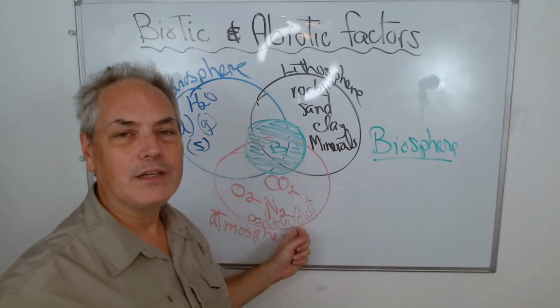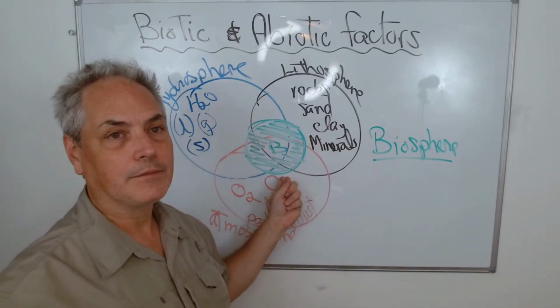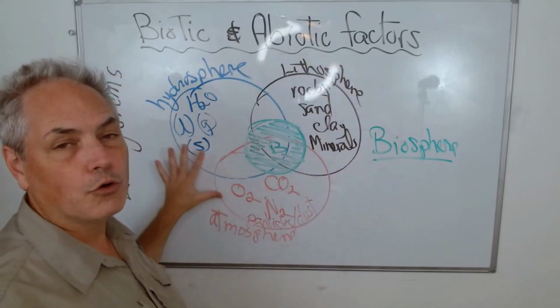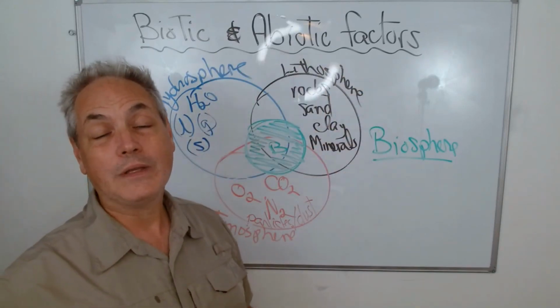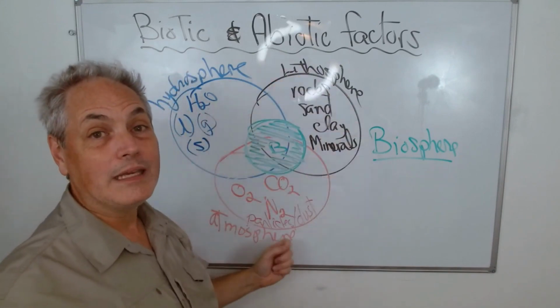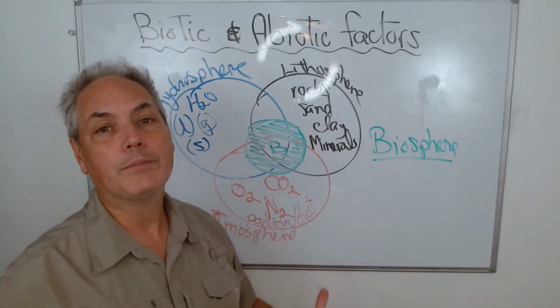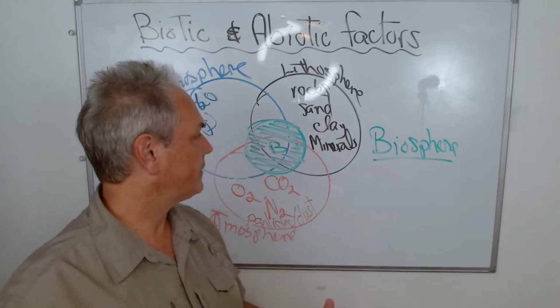When the atmosphere is polluted, it affects the biosphere. So when we talk about the four spheres that we consider when we think of ecosystems, we need to be careful and not pollute them. And that's like a stewardship towards our environment.